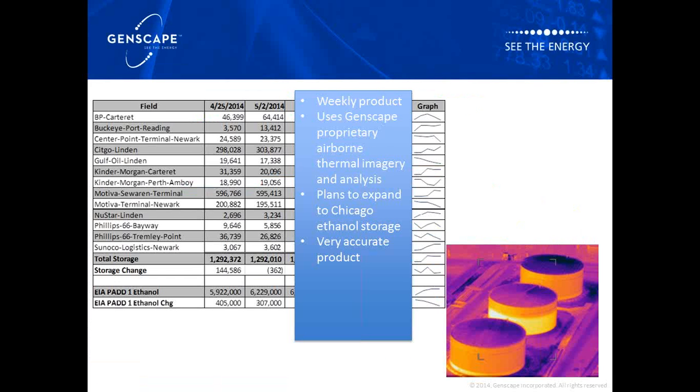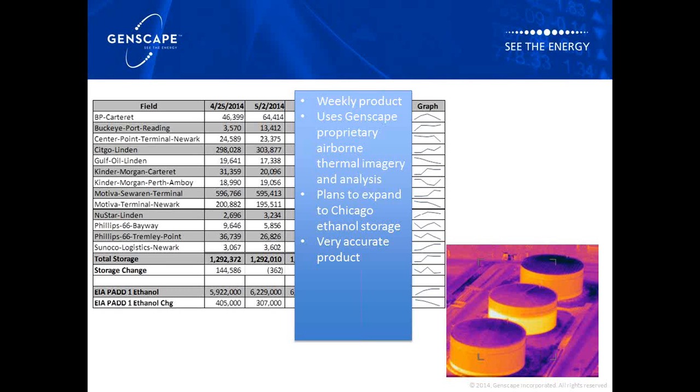Our ethanol storage report is still in development. Again, it's close to release. It's using thermal imagery to fly over ethanol storage tanks in Chicago and New York Harbor and detect how much ethanol is in those tanks.